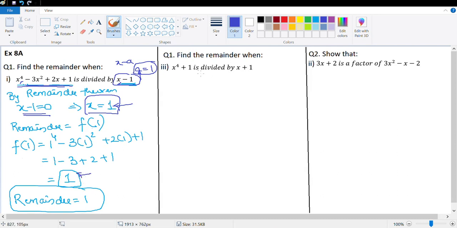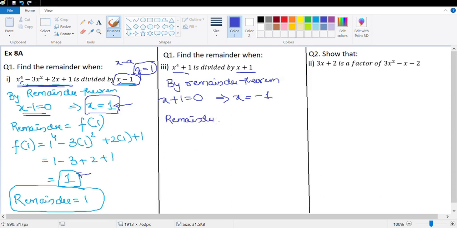Okay, similar question. Let's do it when x to the power 4 plus 1 is divided by x plus 1. So by remainder theorem, what we have is x plus 1 is equal to 0, which means x is equal to negative 1. Now, remainder will be equal to the value of the polynomial when x is equal to negative 1, right?